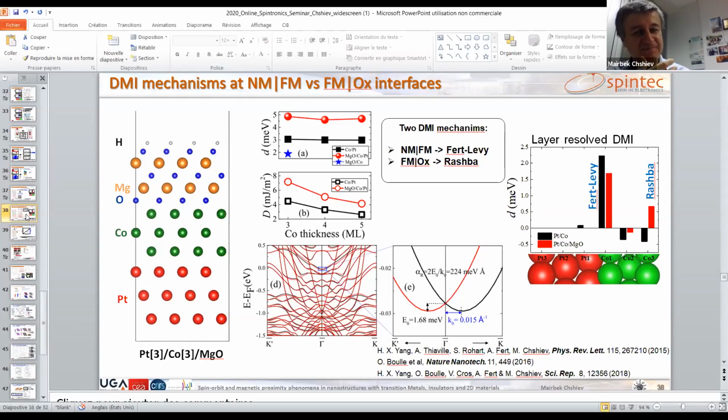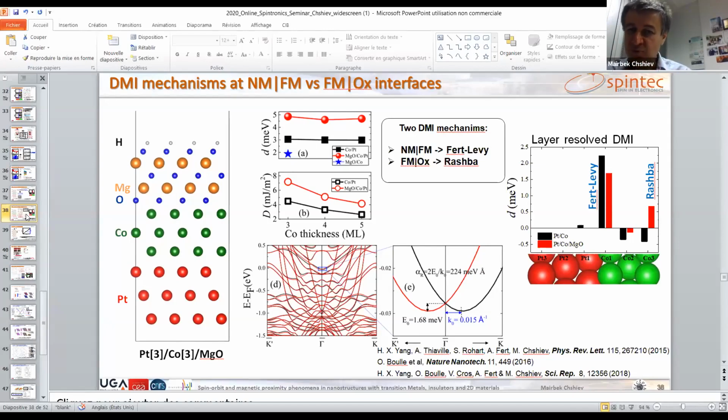And here, I'm almost certain that the sign and the character of the Rashba splitting will be definitive also for the DMI chirality. So there is a correlation.